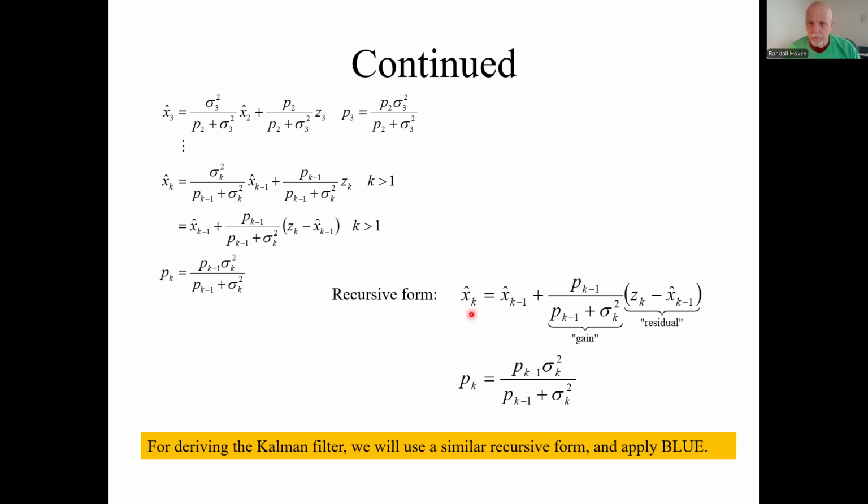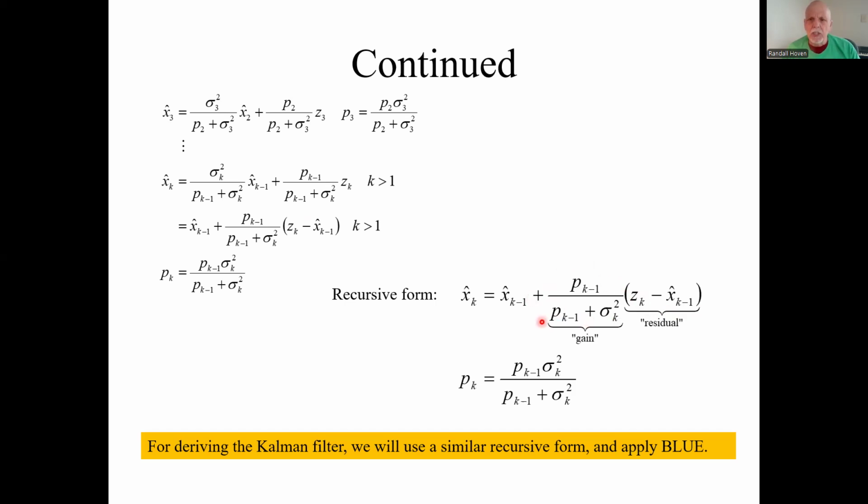Our new estimate at this time step is the estimate we had at the previous time step plus this correction term. This part, this X hat, you could call our estimate of what we expected to measure. So this little difference here is the difference between what we measured and what we expected to measure. And this part here is called the gain. Let's look at the two extremes.